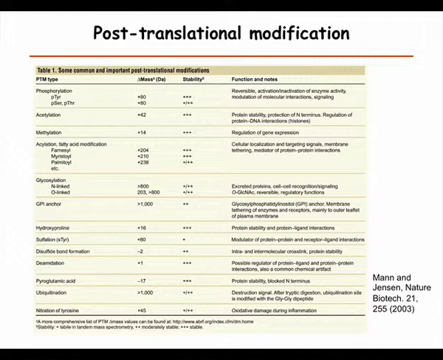Pretty much only a few groups have focused on it, and the reason is that it's a branched structure, and it's not as easy as just one mass change. It could be a lot of different sugars that are linked to each other, and that makes it very difficult to analyze properly. But there have been some attempts at doing that.